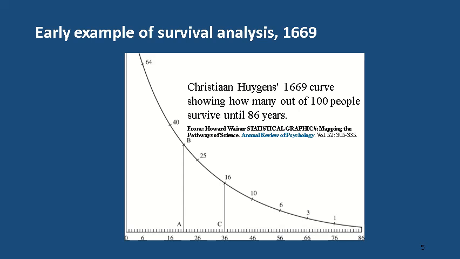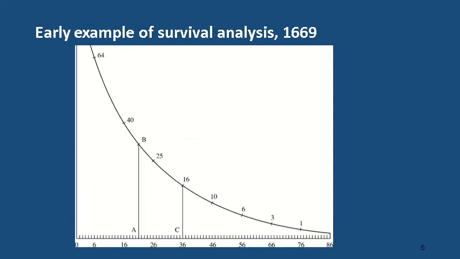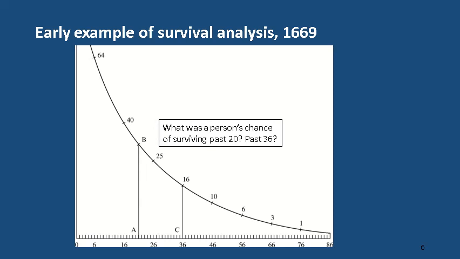This was the plotting of survival. What was a person's chance of surviving past 20 years? Past 20 years, maybe around 30. 30 people were alive after 20 years of age, so that means 30% is the chance of surviving.